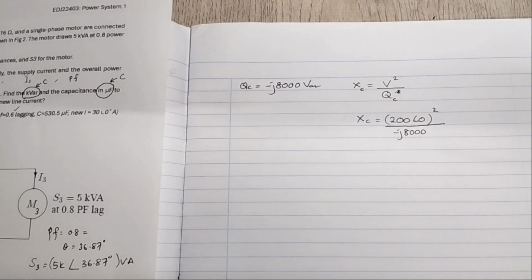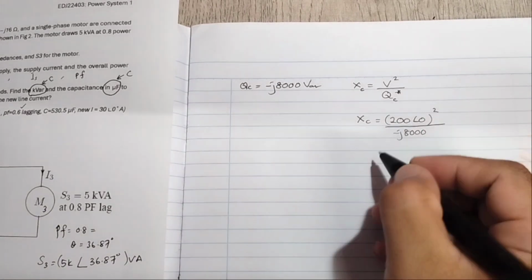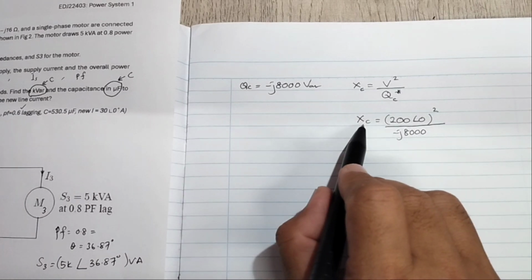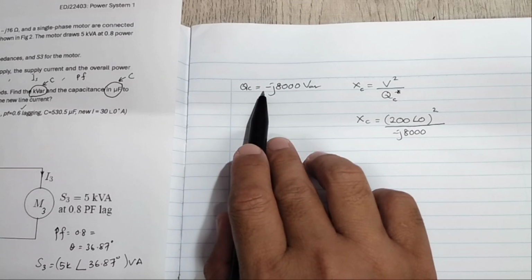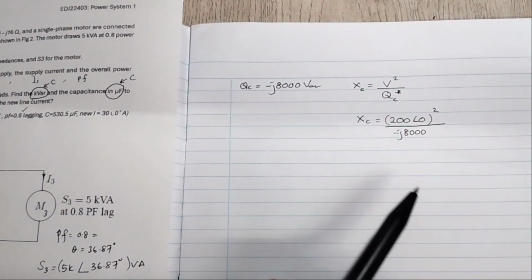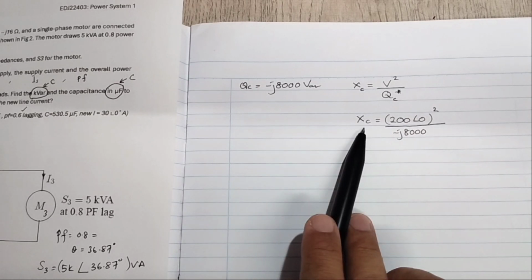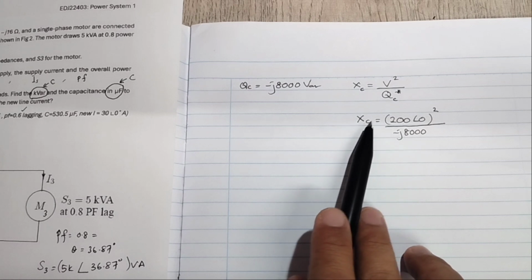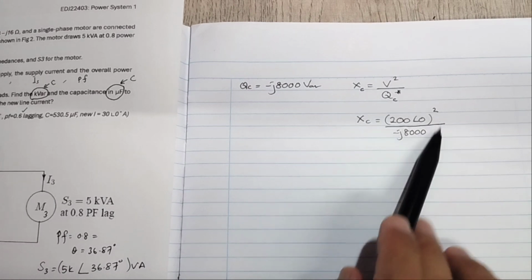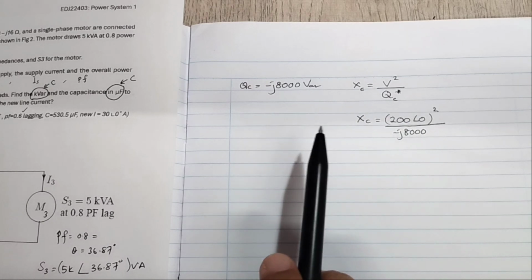Okay. Then, dapatlah kan. So, QC ni adalah Q yang obtained from kapasitor yang kita masukkan tu untuk improve. And then, XC ni adalah resistance yang datang daripada capacitance tu.